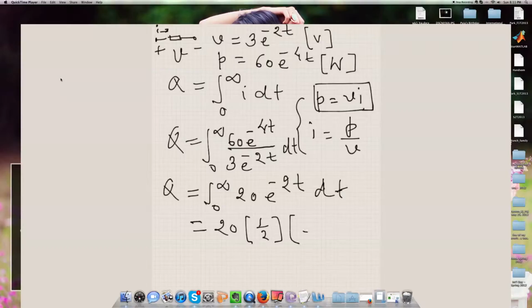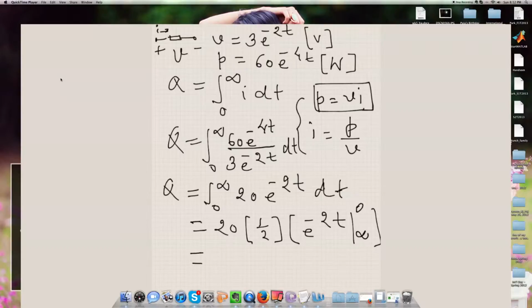Then e to the minus 2t. And when we throw in the limits, because of the minus, we could swap the upper limit to lower and lower to upper. So that will take 0 to the top and infinity to the bottom.